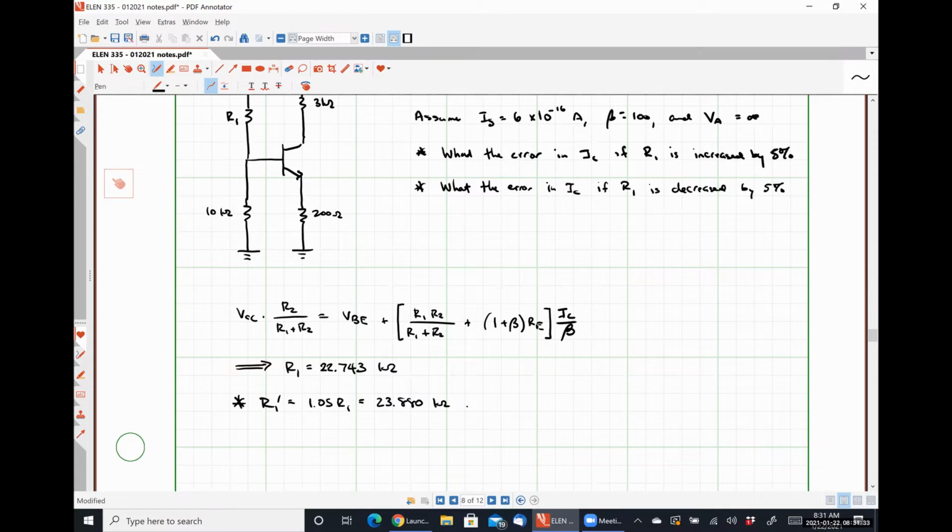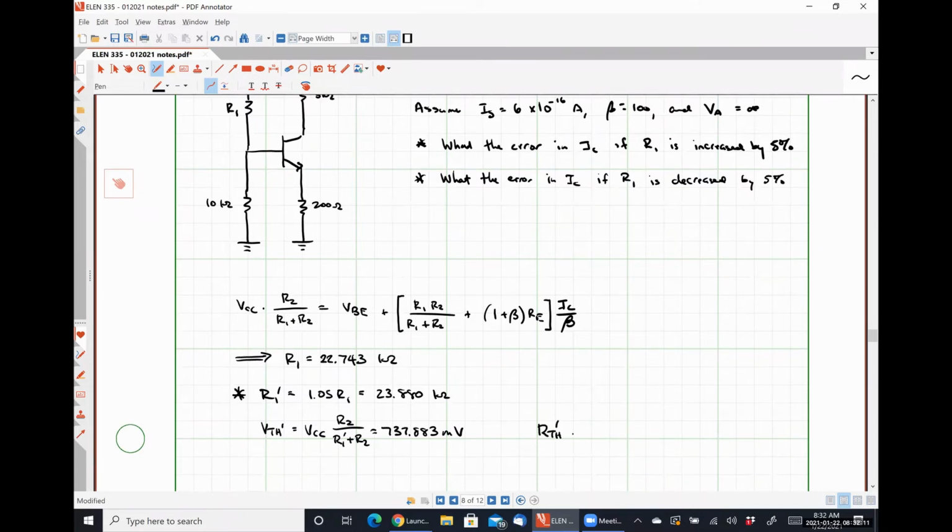This new value of R1 prime is going to change what V Thevenin is, and it's going to change what R Thevenin is. So V Thevenin prime, which is just VCC times R2 over R1 prime plus R2. When I did the math here, I got 737.883 millivolts.